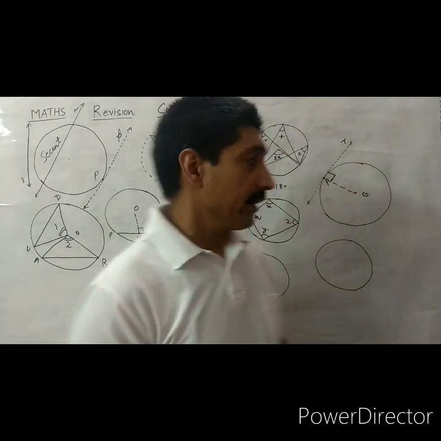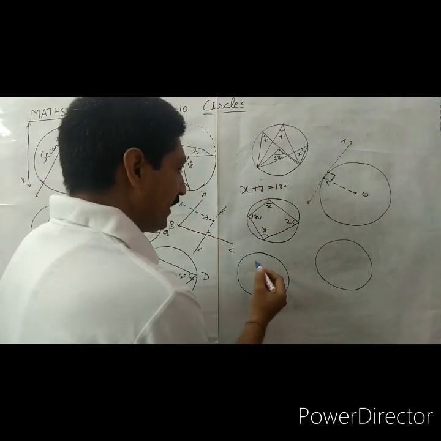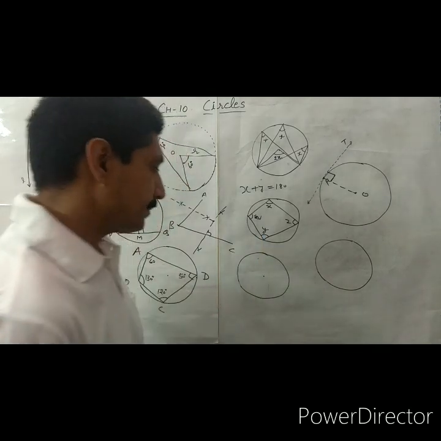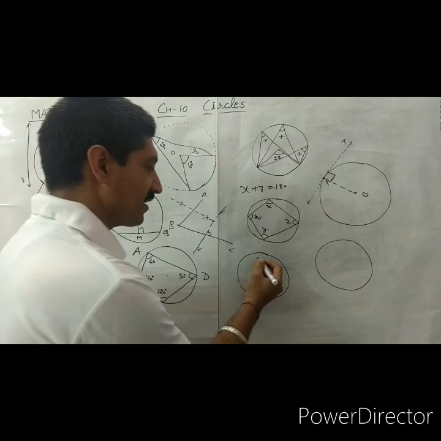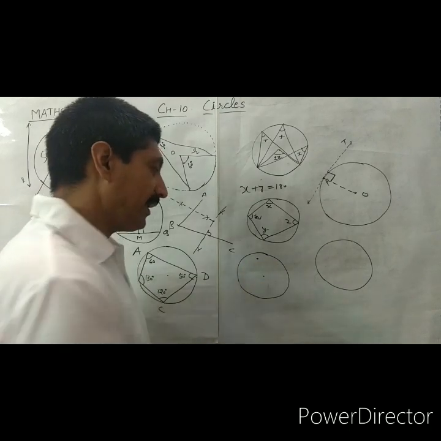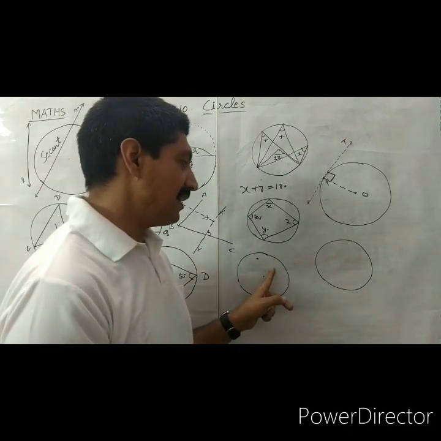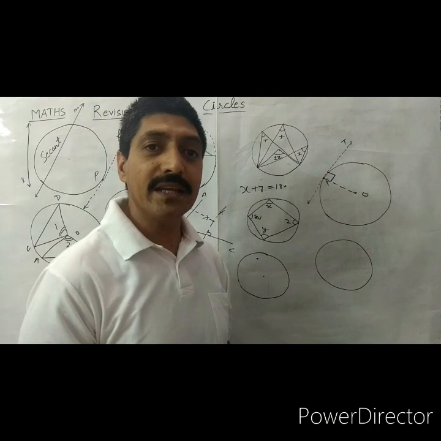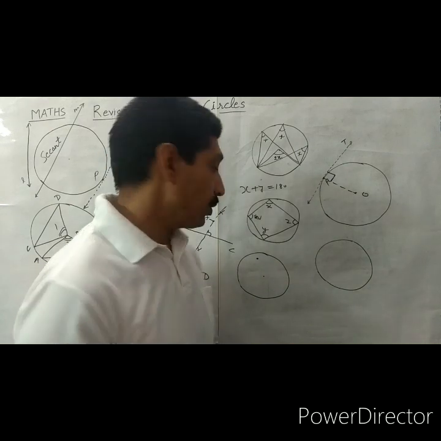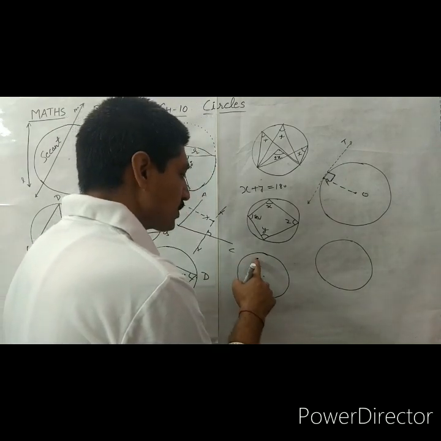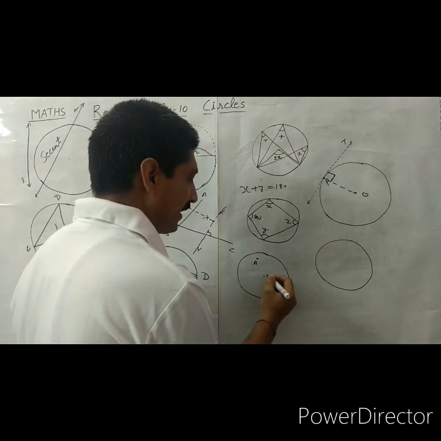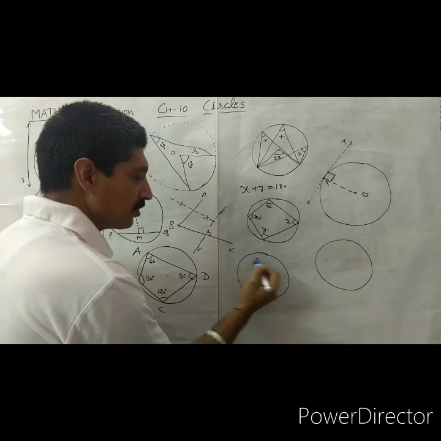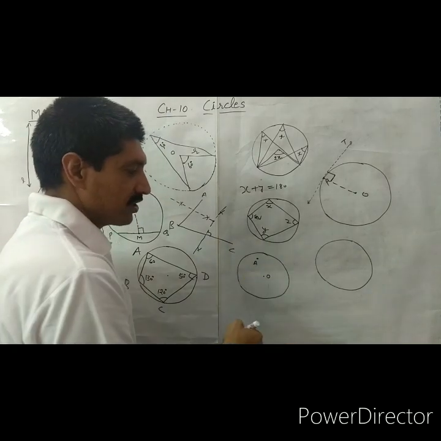First case, if any point is inside the circle. For any point inside the circle, we don't have any tangent. So no tangent can pass through a point which is inside the circle. Suppose this is a point A here. We cannot draw any tangent.